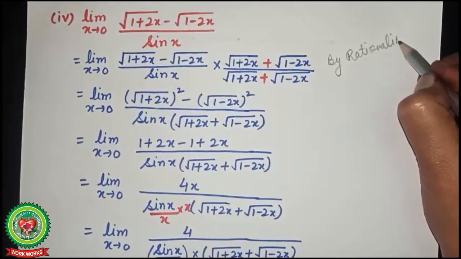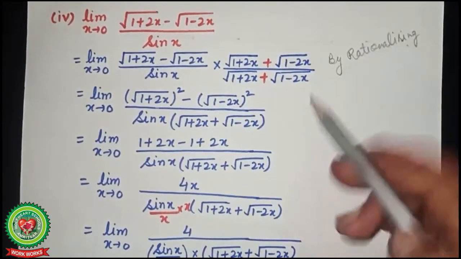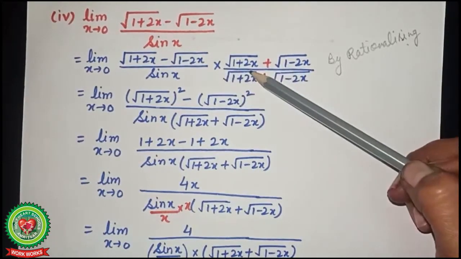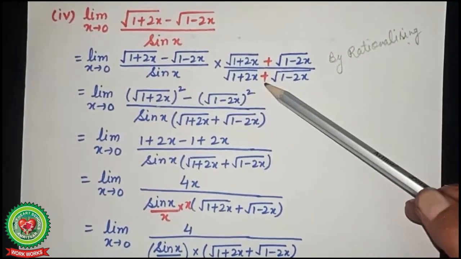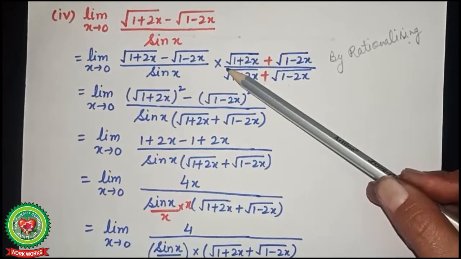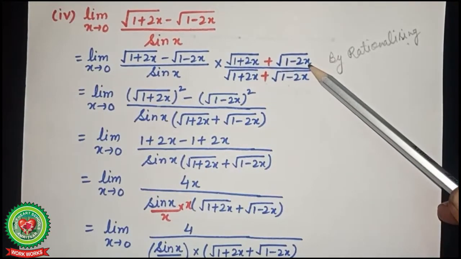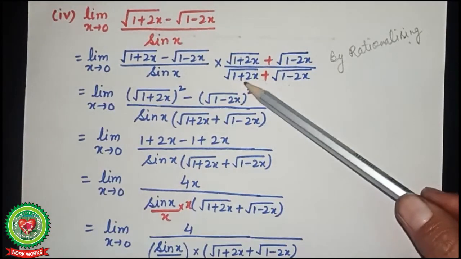So, by rationalization, we multiply and divide by its rationalizing factor. Only the sign will change and the terms will remain the same. So, multiply with under root of 1 plus 2x plus under root of 1 minus 2x. In the denominator also the same term.